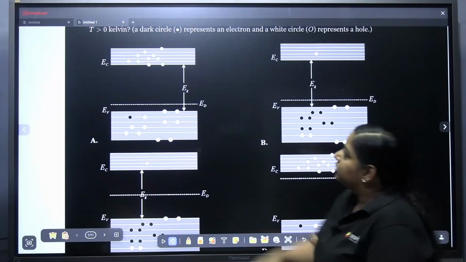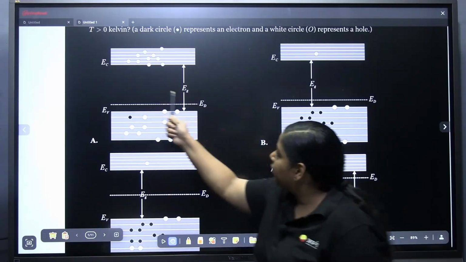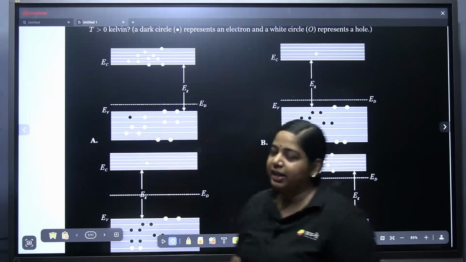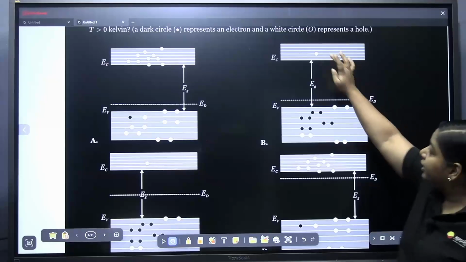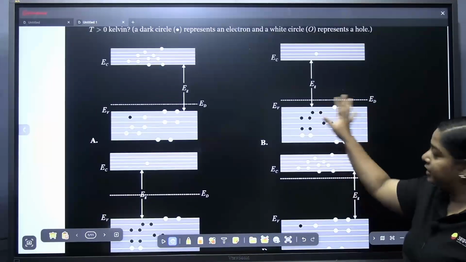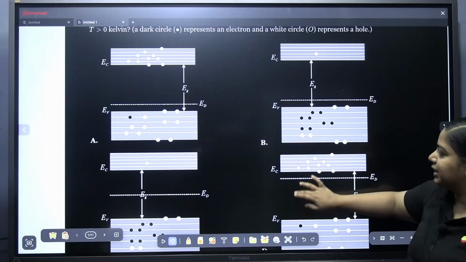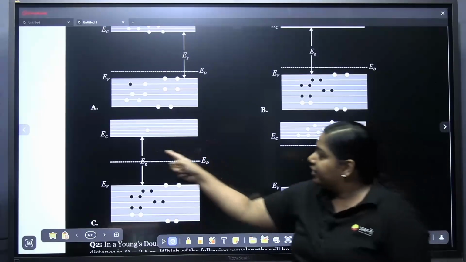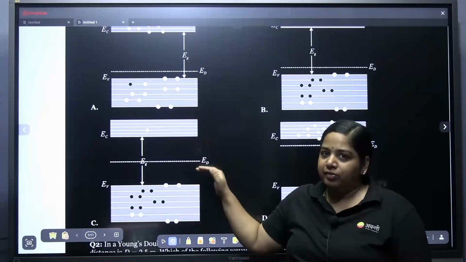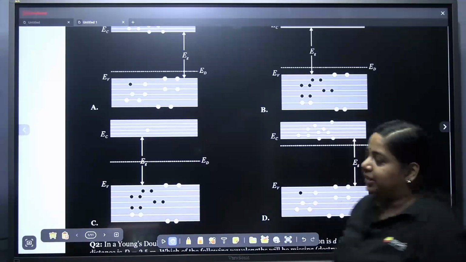Here the number of electrons is more, but the donor energy level is given here. Here one electron is there and the rest, electrons and holes, are present in the valence band, and the donor energy level is here. Here they have given the donor energy level in the middle of the energy gap and one electron present.